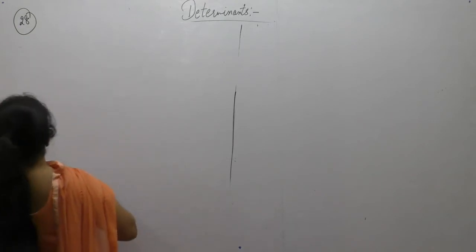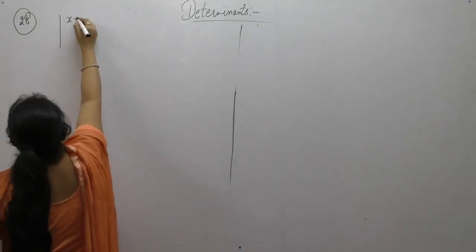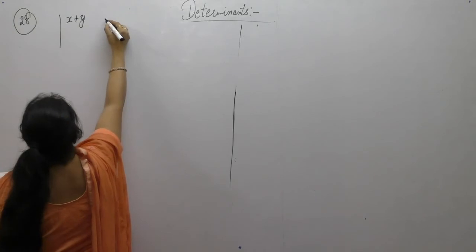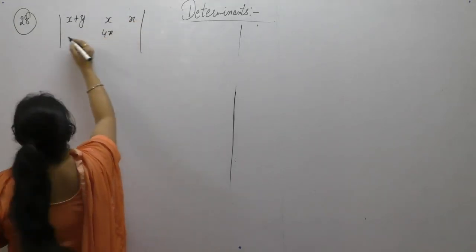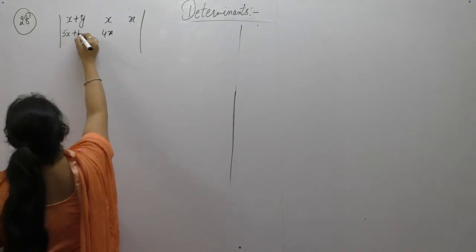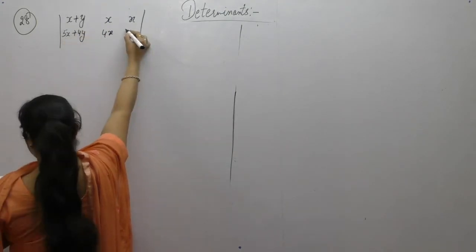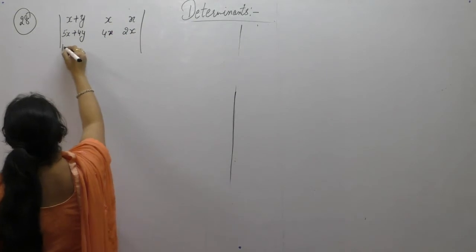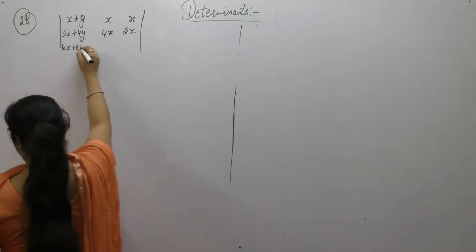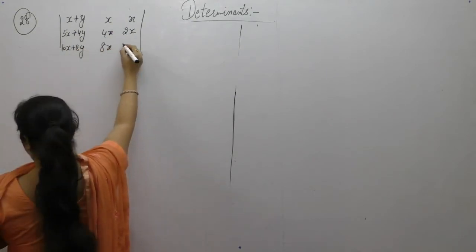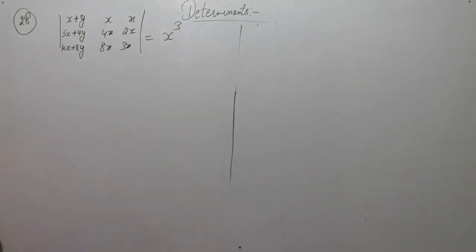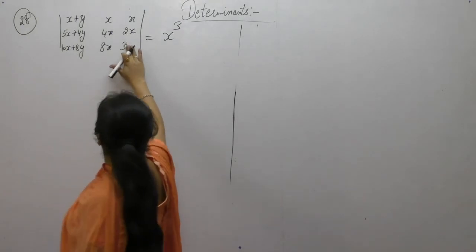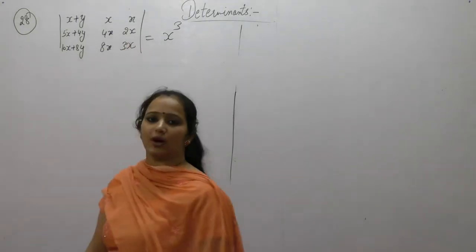Prove that determinant of x plus y, x, x; 5x plus 4y, 4x, 2x; 10x plus 8y, 8x, 3x is equal to x cube. Prove that determinant of this is equal to x cube.